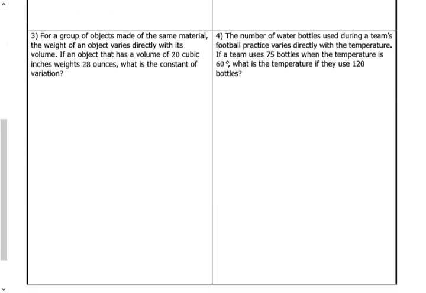Okay, here, again, I'm asking for constant of variation. So I'm not actually asking for you to solve it the whole way. I'm simply asking for a part of the equation. So what do they tell me? The weight varies directly with its volume. So weight varies directly with volume. So let's plug in.